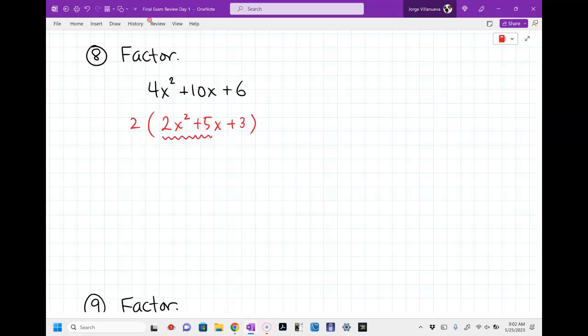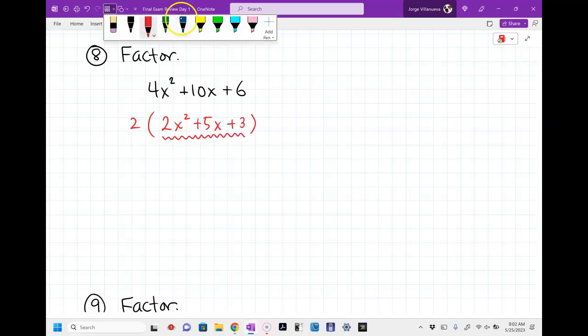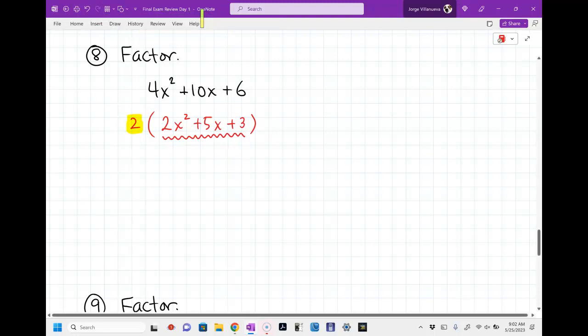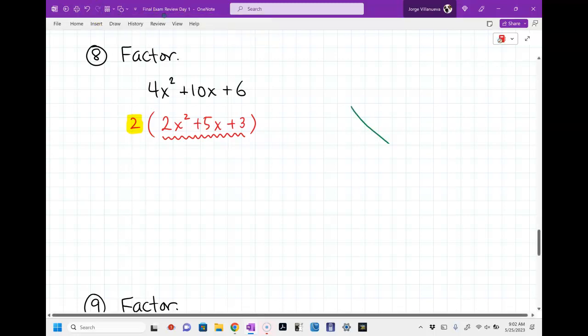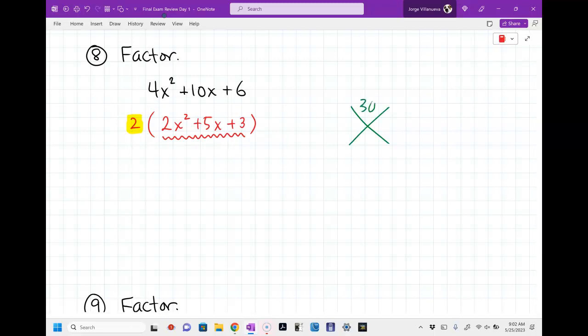Remember, we're going to focus on this, but we do not want to forget this 2 because it's going to be part of the answer at the end. Okay? But now I just got to factor 2x squared plus 5x plus 3. Okay, so let's factor that. And if you're wondering, well, what would have been the difference? If I would have factored the top one, the top number would have been a 30.